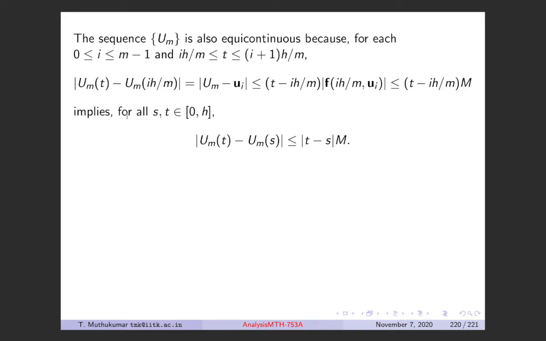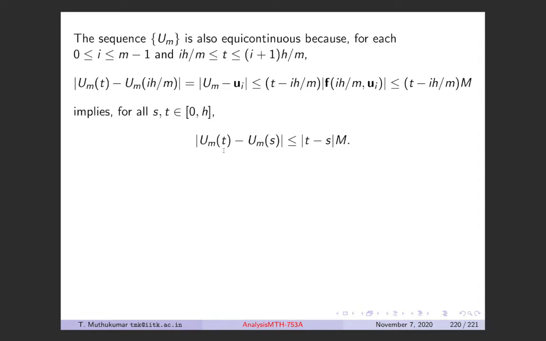So if you take all s and t, U_m(t) minus U_m(s) is always less than or equal to M times mod t minus s, right? This is always valid. For any t here, you do similarly for any s, you do the same thing, but whatever t minus something that you get, they will anyway be less than mod t minus s. So from this inequality, you get this inequality.